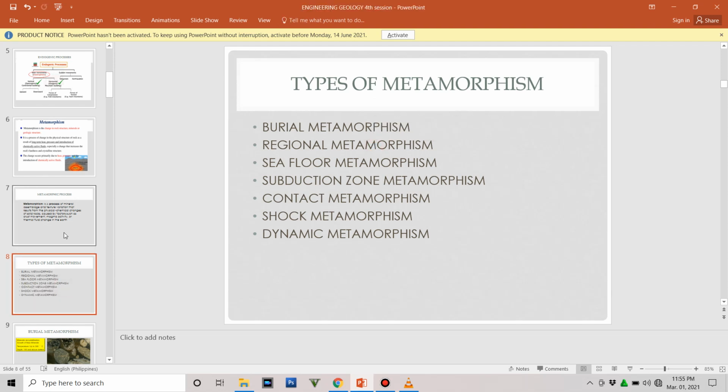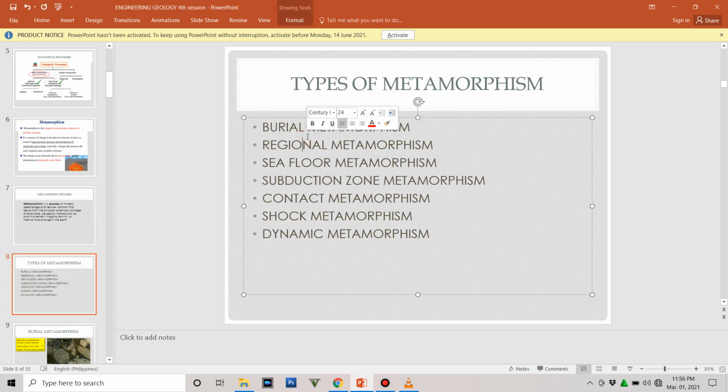And of course, we'll go into details on each type of metamorphism. We have burial metamorphism, regional metamorphism, seafloor metamorphism, subduction zone metamorphism, contact metamorphism, and then shock metamorphism and dynamic metamorphism.